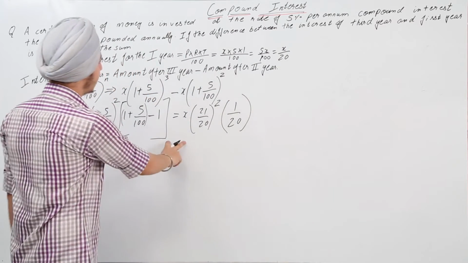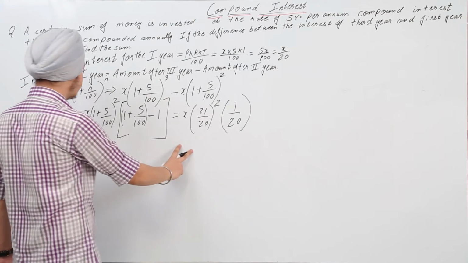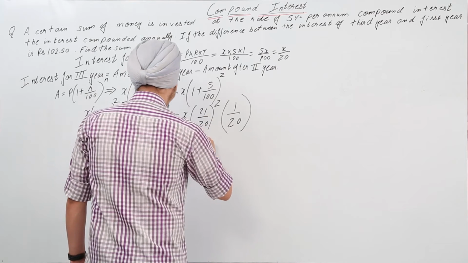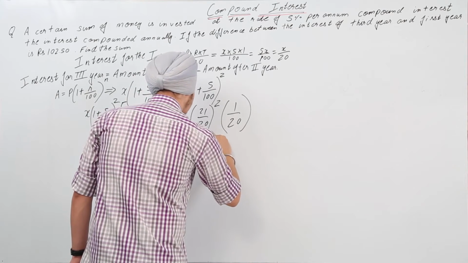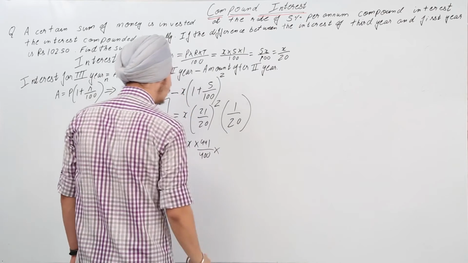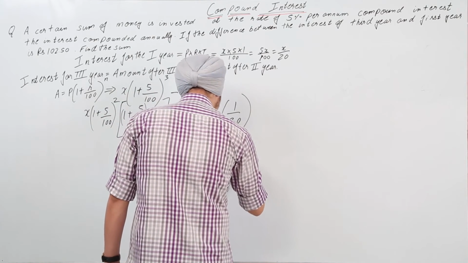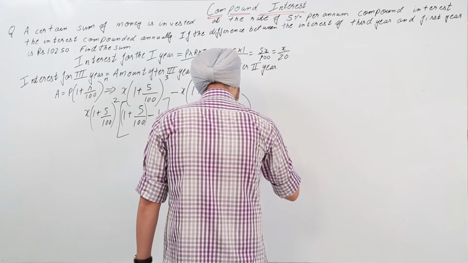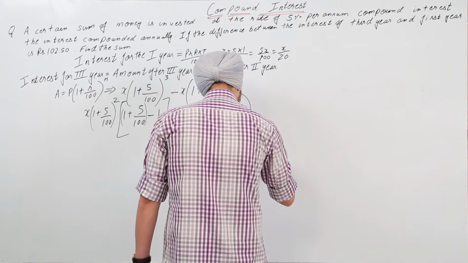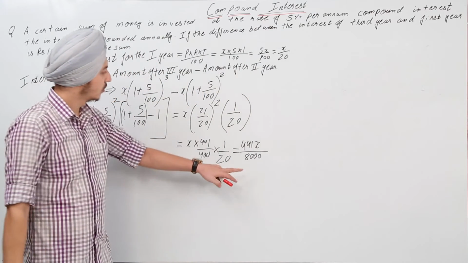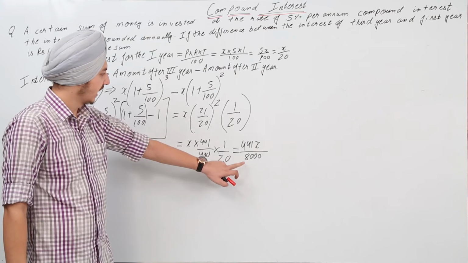So the interest for the third year is equal to 441x upon 8,000.